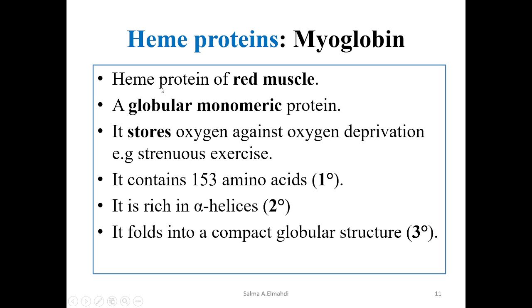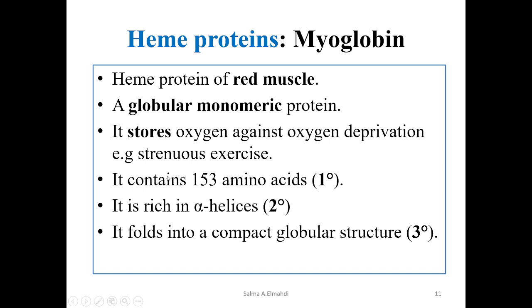It is a globular protein, so its shape is globular. It is monomeric. It consists of one polypeptide chain. Its function is storing oxygen against oxygen deprivation, such as strenuous exercise. So it provides oxygen for muscles that are exercising, particularly a heavy form of exercise.